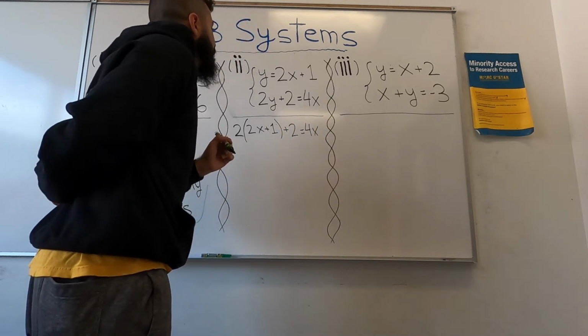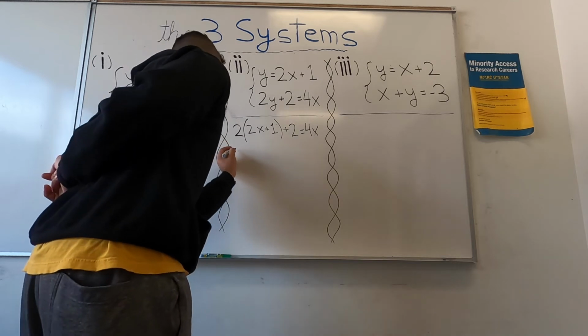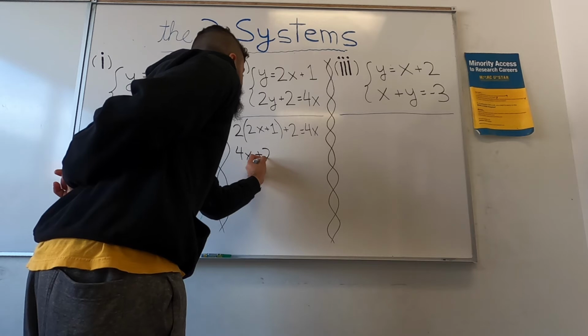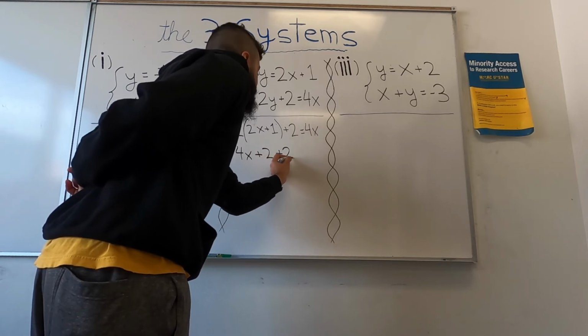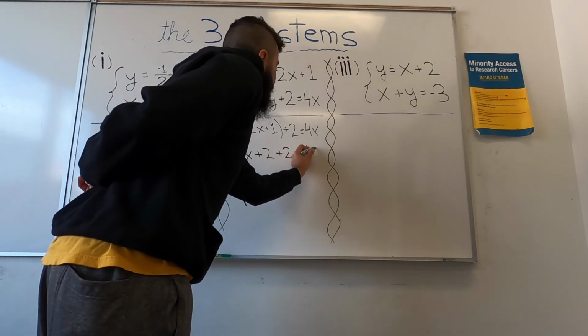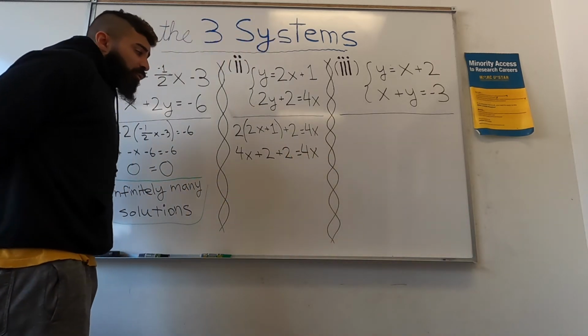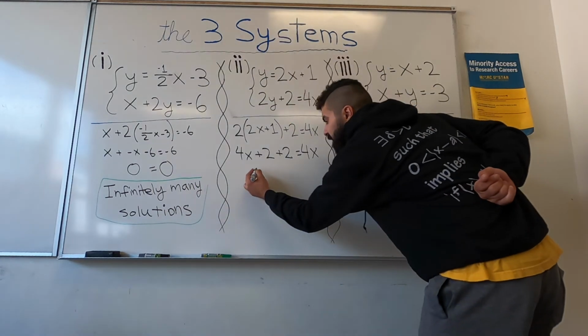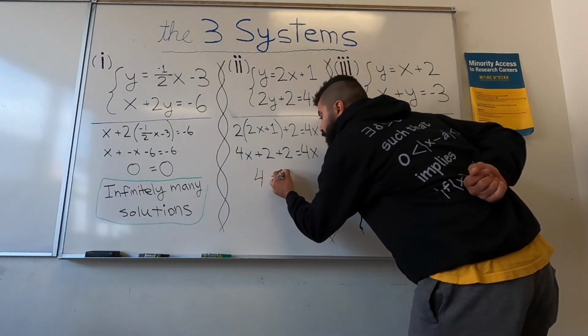See, we did all that correct. Yes, okay. And we get 4x plus 2 plus 2 equals 4x. So the 4x's cancel, 2 plus 2 is 4, and what we're left with here is 4 equals 0.